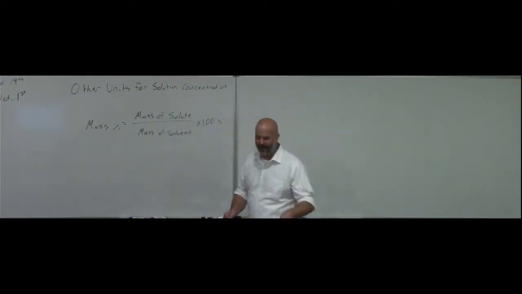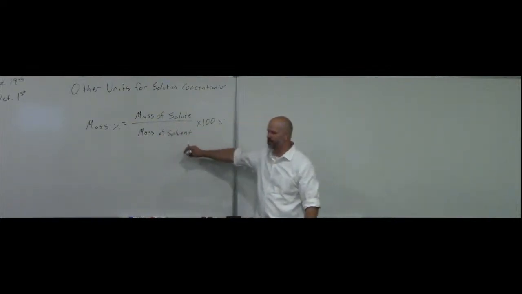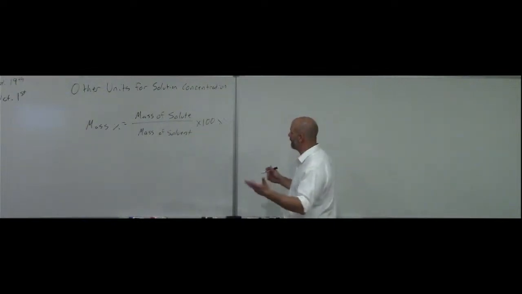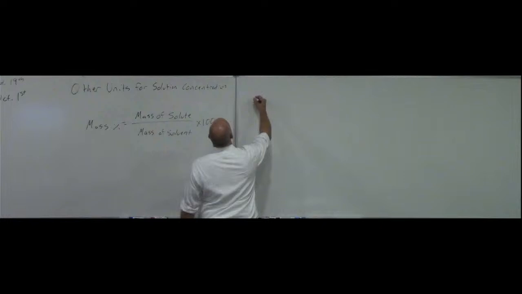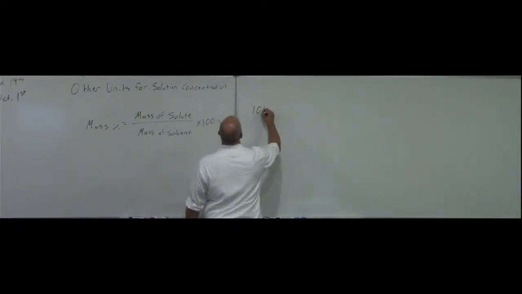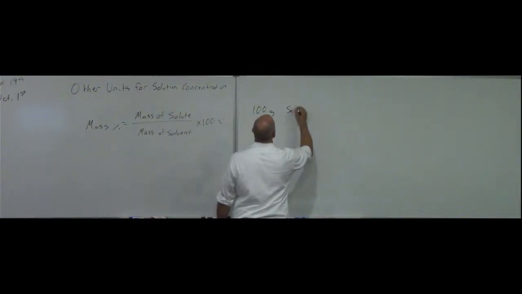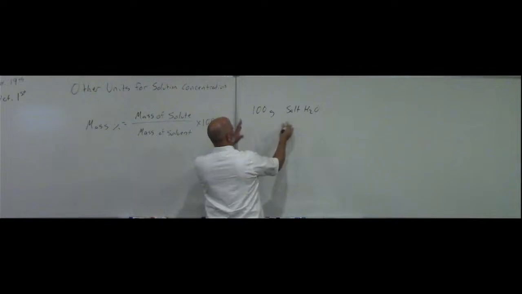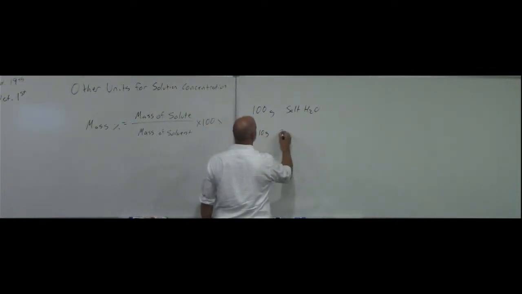It'll kill me. Anyway, so mass of solute divided by mass of solvent times 100%. Let's do just a practice one. So I've got 100 grams of salt water, and of that total, I had put in 10 grams of salt.